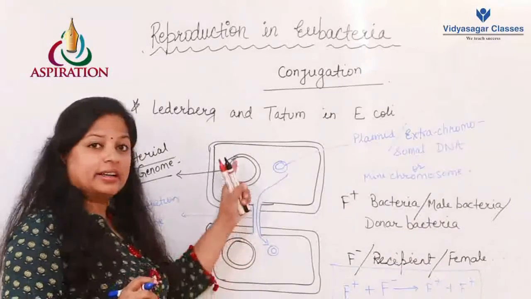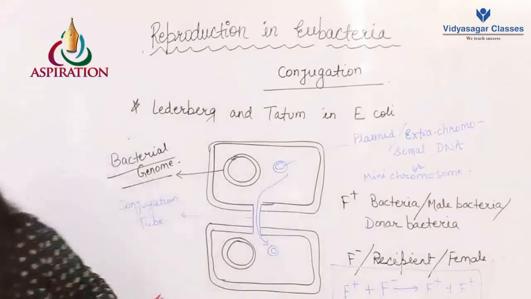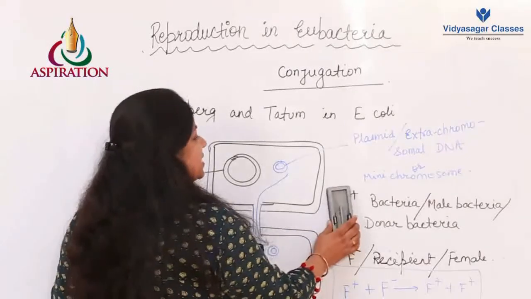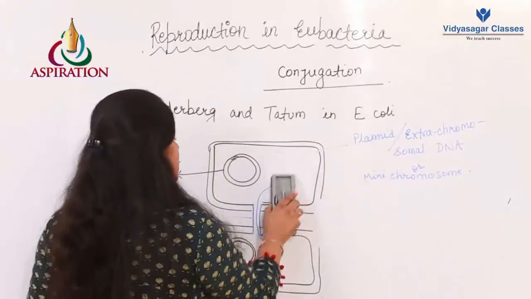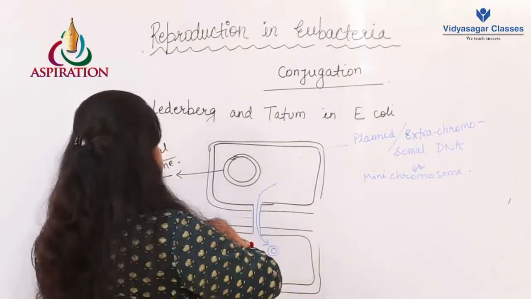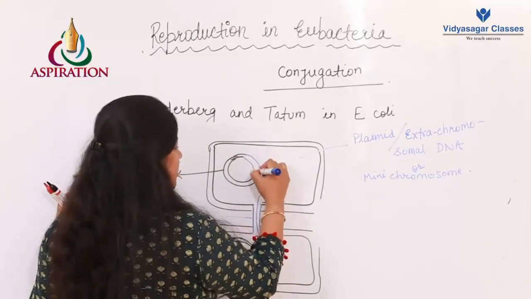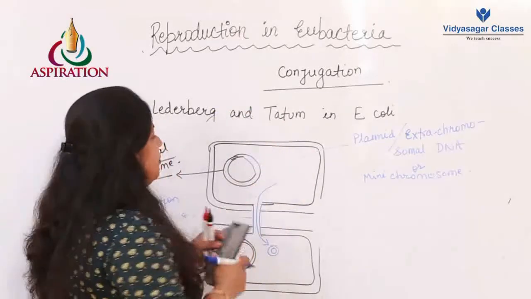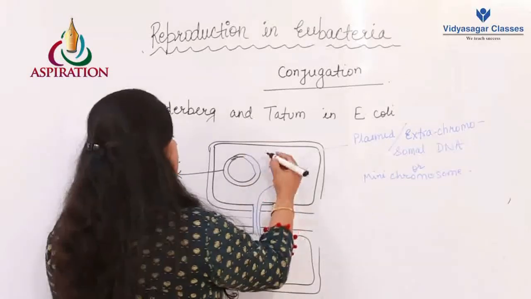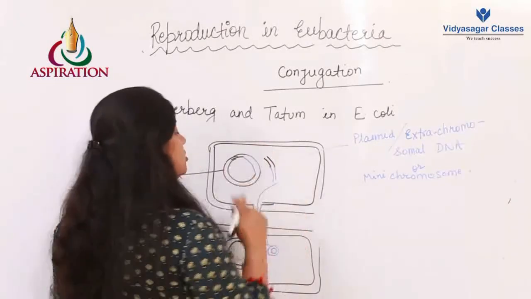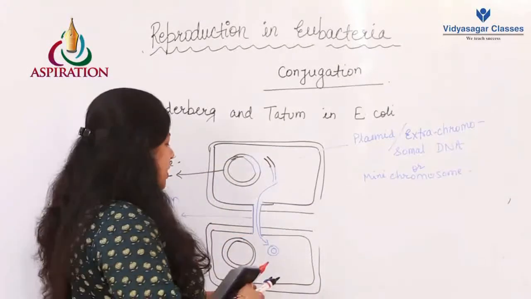But there is no genetic recombination here. Sometimes what happens, this plasmid gets associated with the genome of the bacteria, and now it forms a copy of it which also contains a part of the bacterial genome.